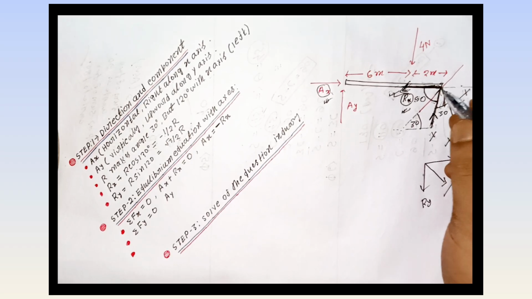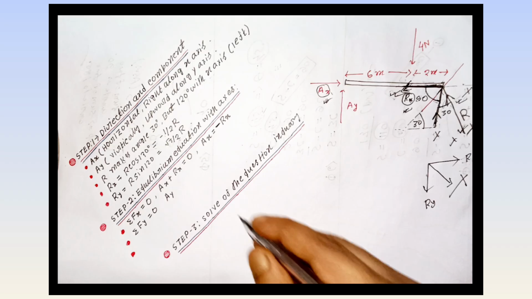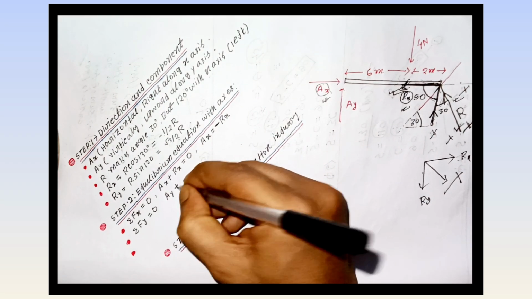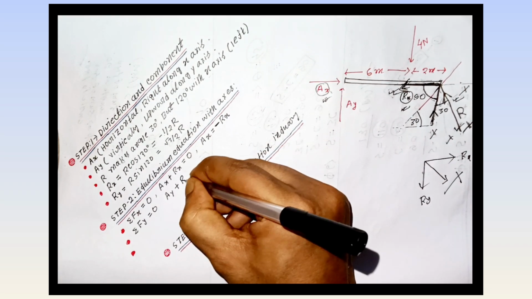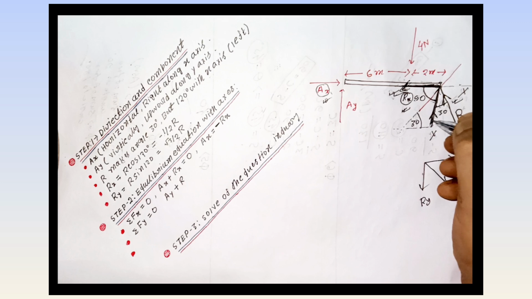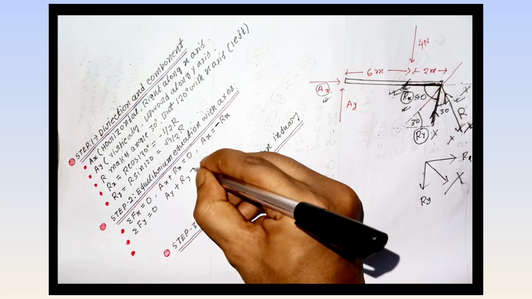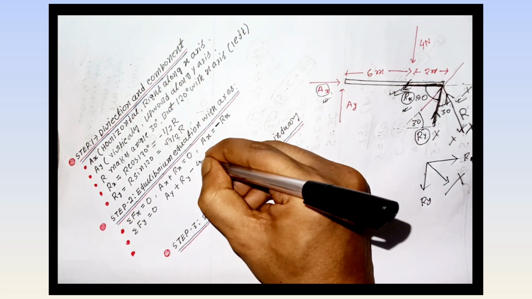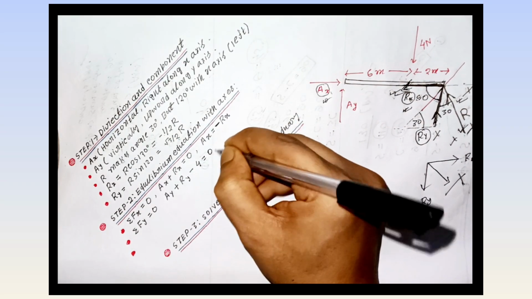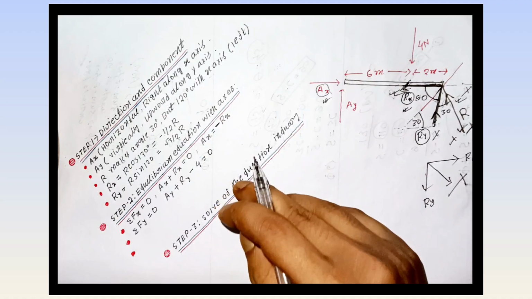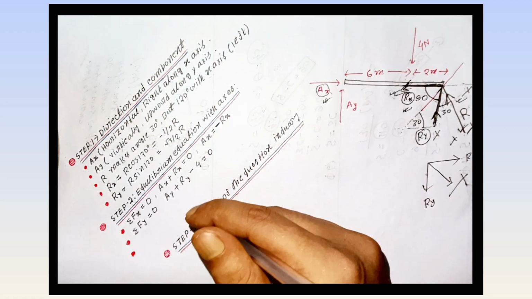That is why the y component is upward. So the upward force is Ay and R sin theta, and downward is minus 4 Newton, equal to 0. Okay, I think you understood.